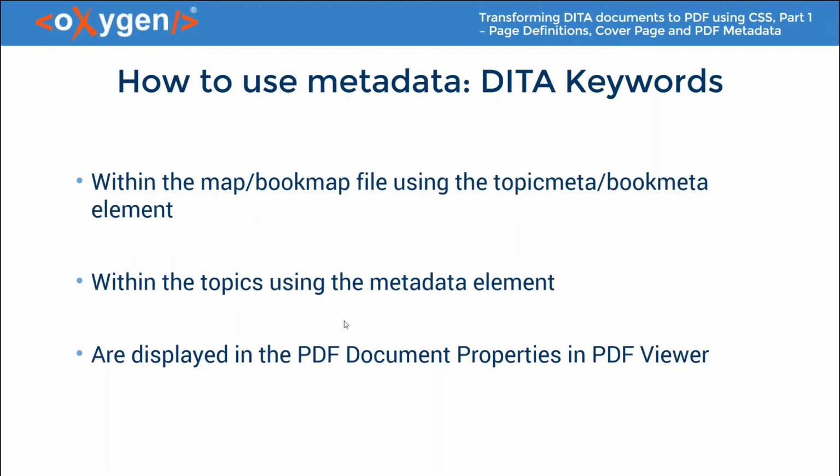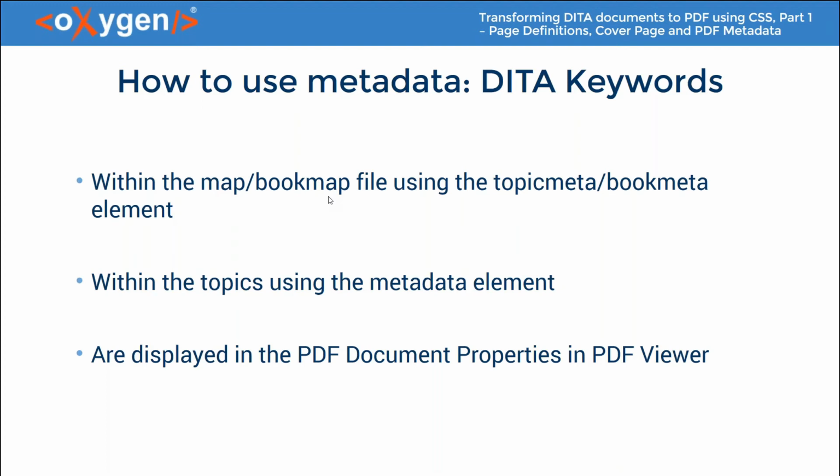And you can also define them in each topic using the metadata element. A small warning though is that you cannot define the keywords in both map and topics. You have to choose if you prefer them all gathered in the map or on the topic they apply to.